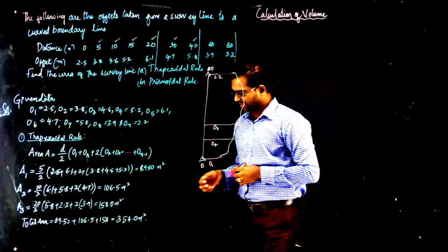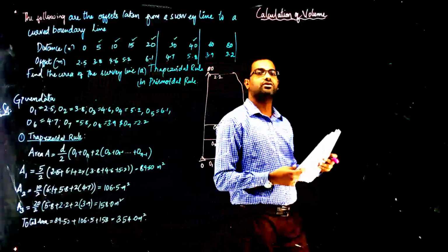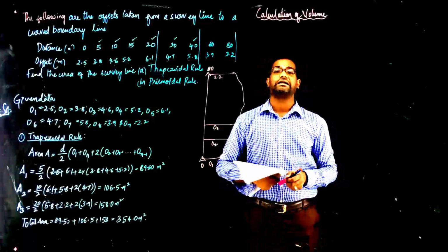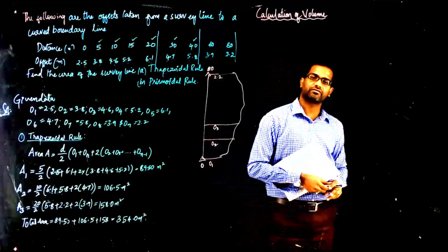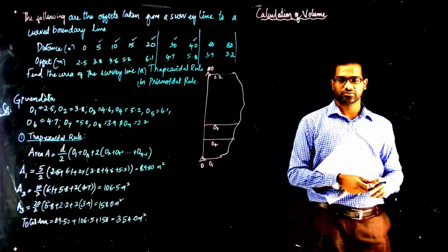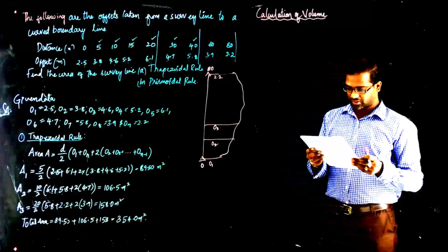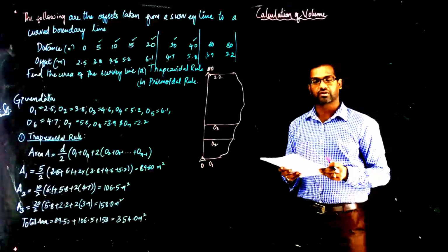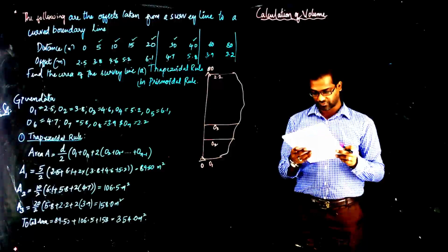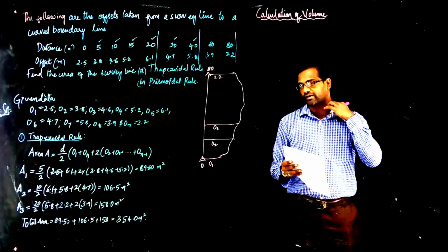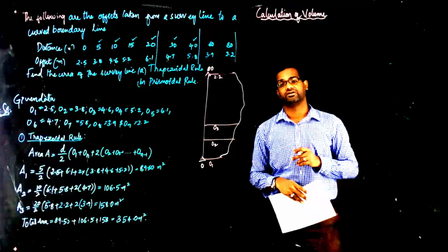The problem says: the width of the formation level of a cutting of a canal, with side slope of 1.5:1, is 5 meters.